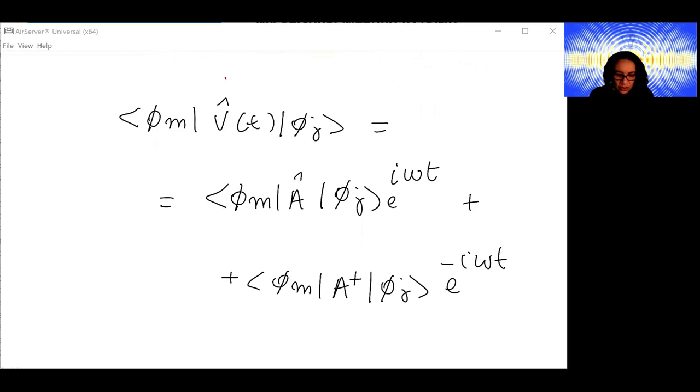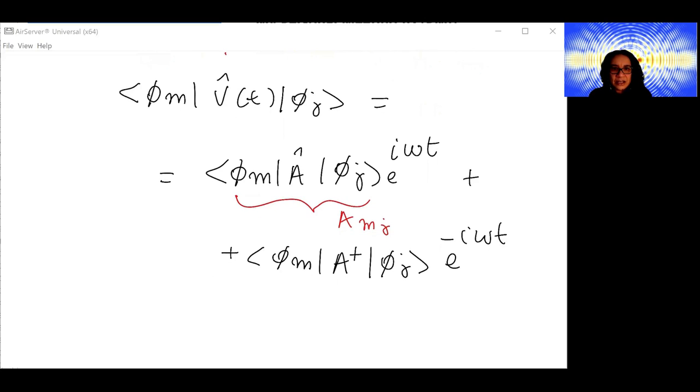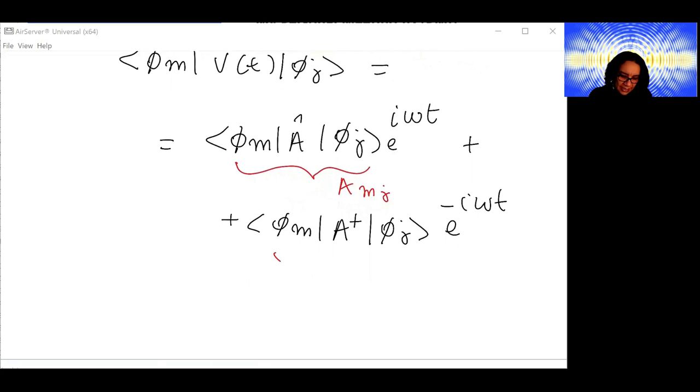So I'm going to call this a_mj, and I'm going to call this a dagger_mj.